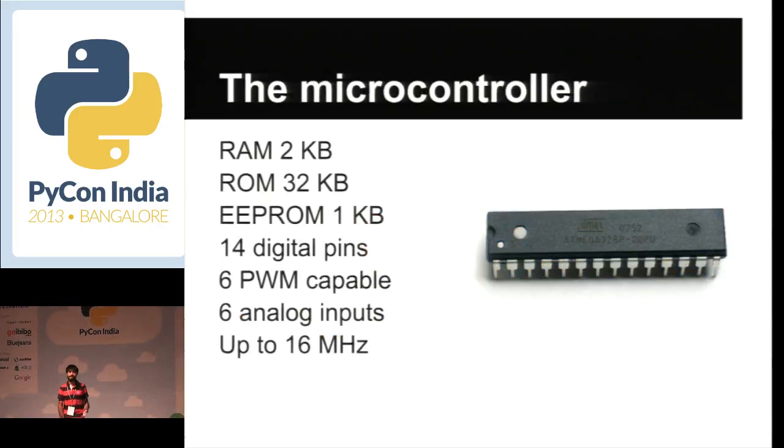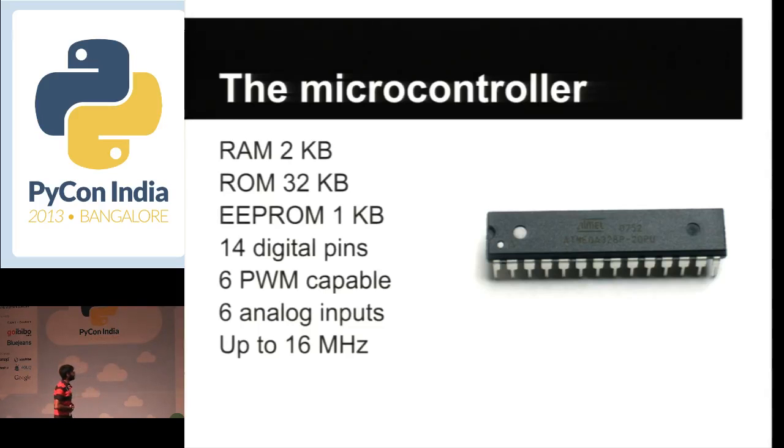Talking a little bit more about the microcontroller here, it's basically an Atmega 328 on the Arduino Uno, and it has a RAM of 2 KB. That might sound a little too less relative to your computers. Well, to your computers it is definitely less, but for a microcontroller this is a decent amount of memory.